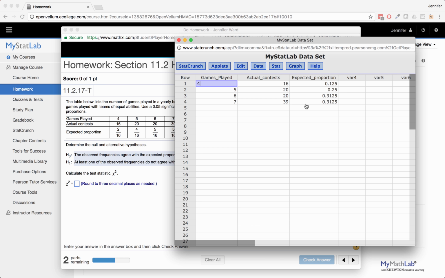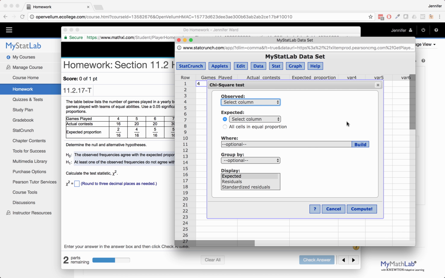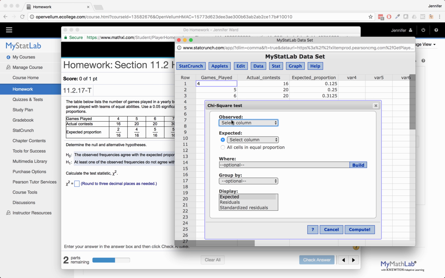Now to do the goodness of fit test in StatCrunch, we're going to go to the Stat button, all the way down to the bottom, Goodness of fit, and then we're doing a chi-square test. We just have to tell StatCrunch where to find our data. So observed means where are the observed counts. They are in the actual contests, so that middle column. And then we tell it what are the expected proportions.